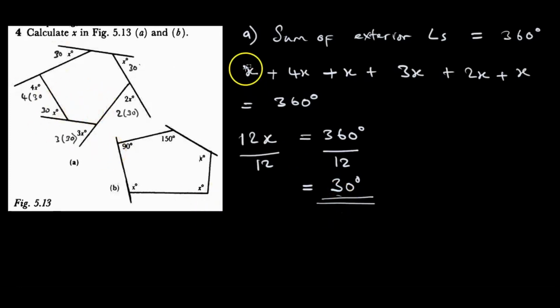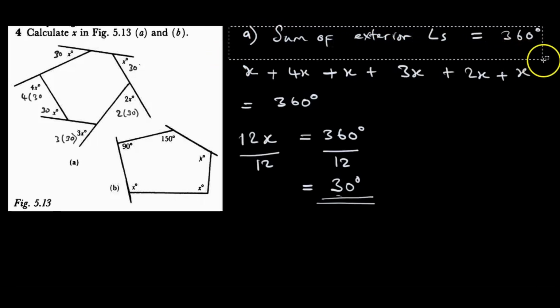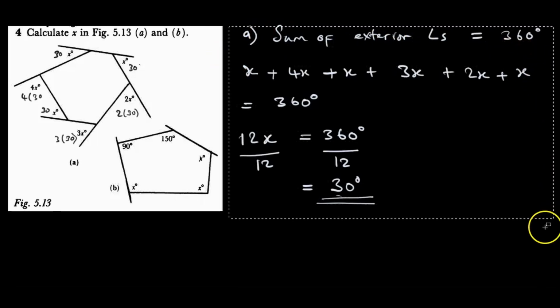But B is what we are doing here, so allow me to clear this space so that we can do B. So how are we going to do B? We want to use method 1, which is the interior angle method.